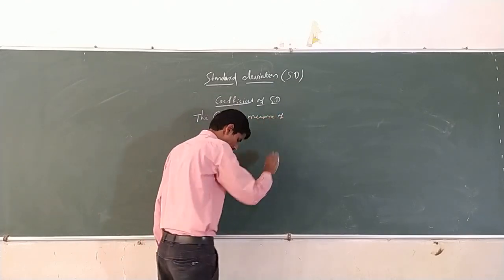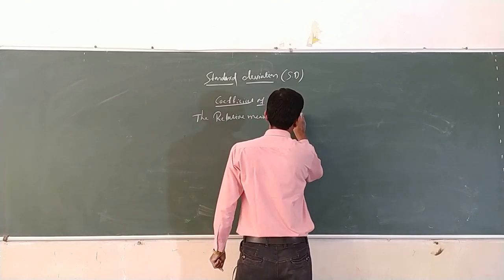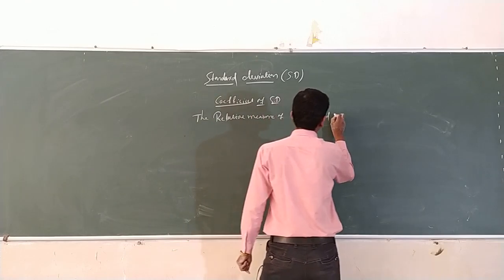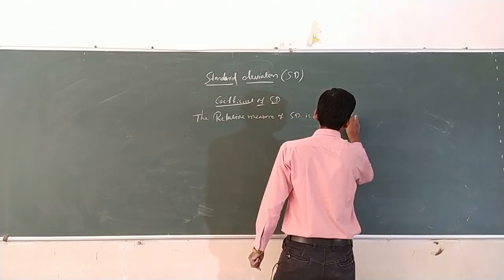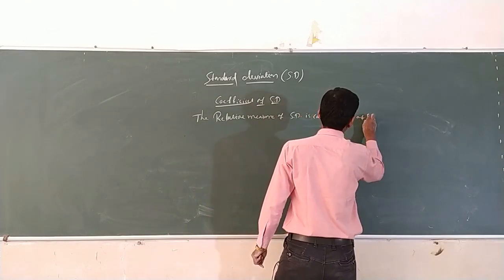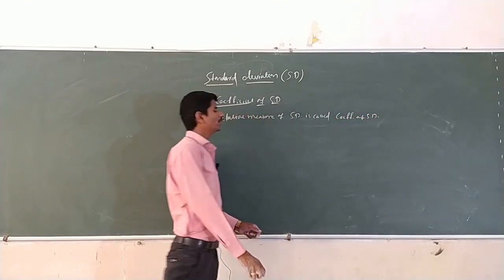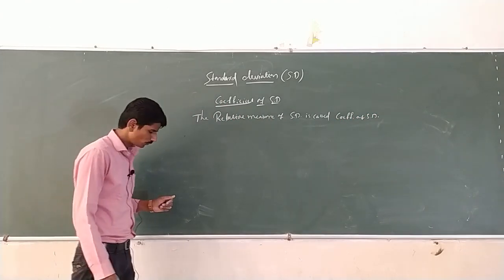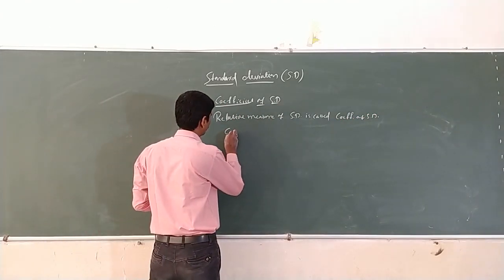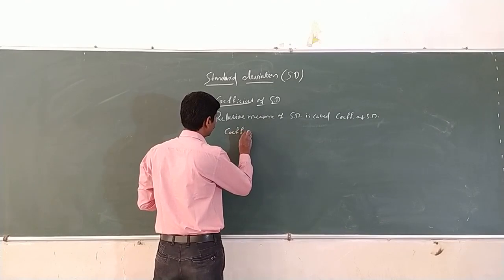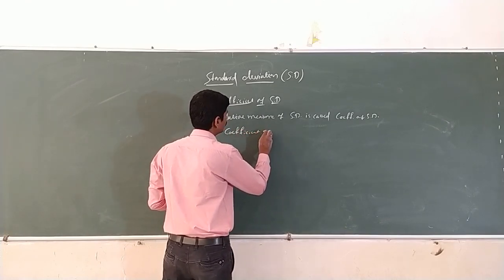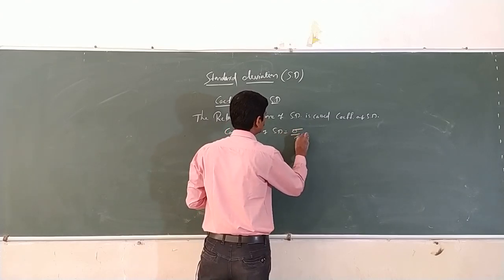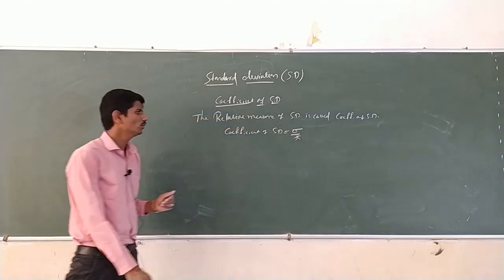The relative measure of standard deviation is called the coefficient of standard deviation. It is denoted by coefficient of standard deviation equal to sigma by x bar.